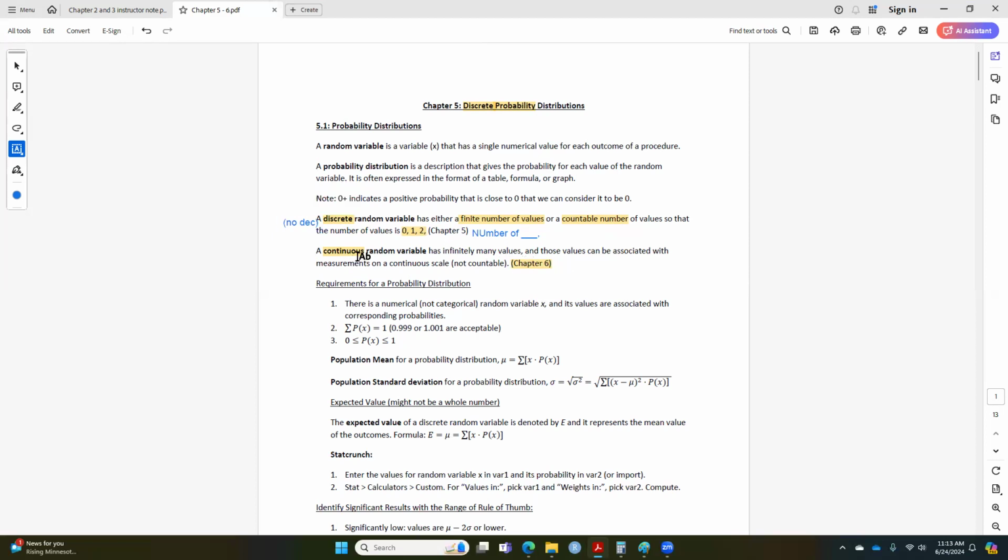The continuous type is where you can have decimals. This is more like your height, weight, temperature, and so on. Test scores are a very tricky one. If a test score is just 0, 1, 2, 3, 5 without any decimals, then it can be discrete.